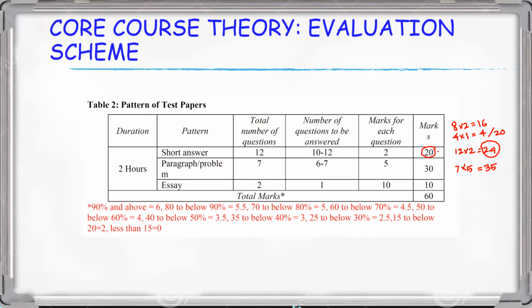Then a total of 35. The ceiling of the second section is 30. The second section may be paragraph type or problem type. Here also we have freedom to attempt all questions.